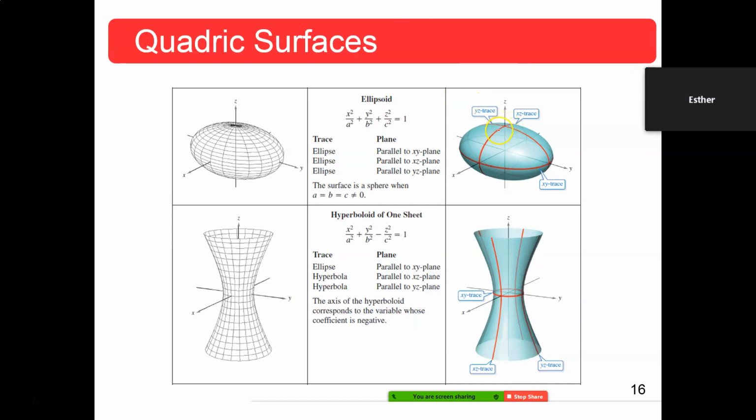Now, in the XY plane, if you draw this elongated circle here, you see the blue line back there, that's the ellipse in the XY plane. In the XZ plane, that's the ellipse. It almost looks circular there. It may be close to it. And in the YZ plane, there is your ellipse. Very definitely an elongated circle there.